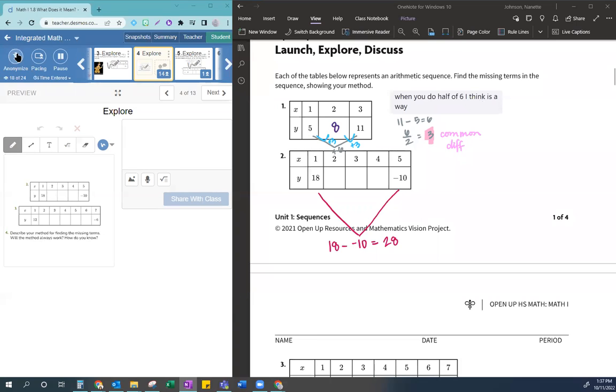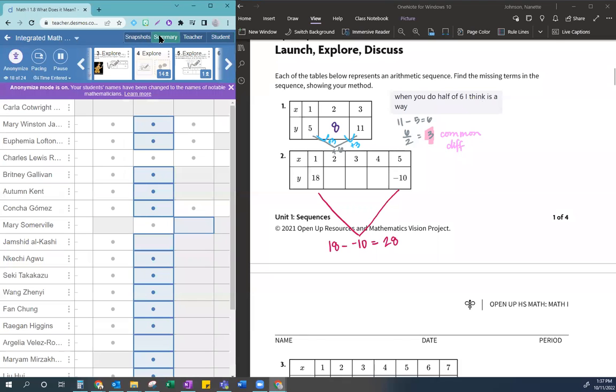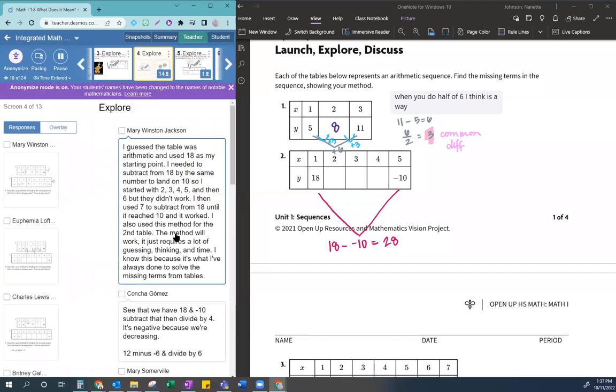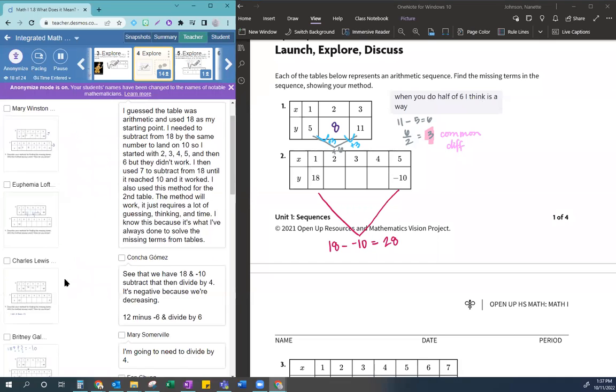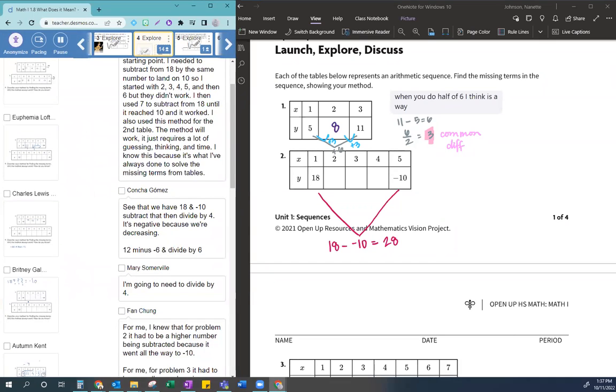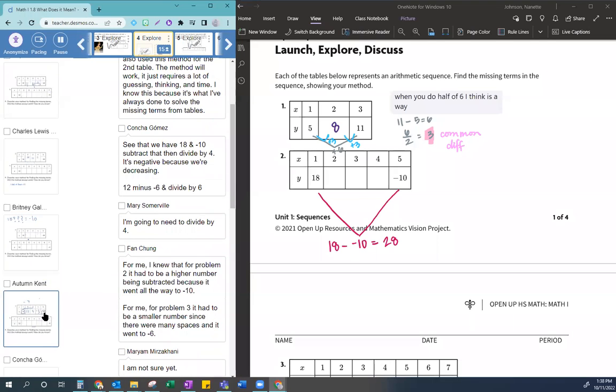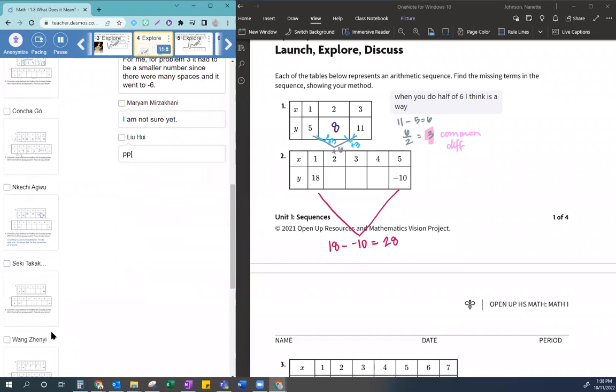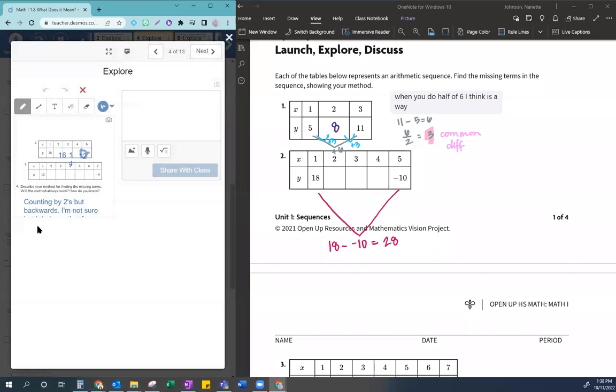Let's see what you guys did. Ooh, someone put 28 plus what? Or 18 plus what equals -10. Kind of similar thought there. This person said counting by 2s backwards. Okay.